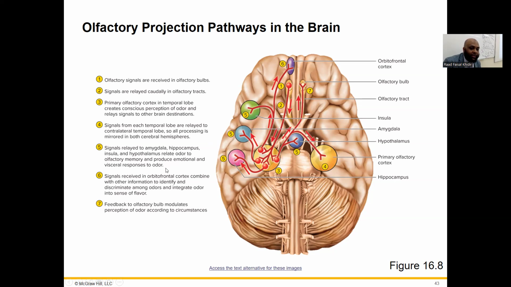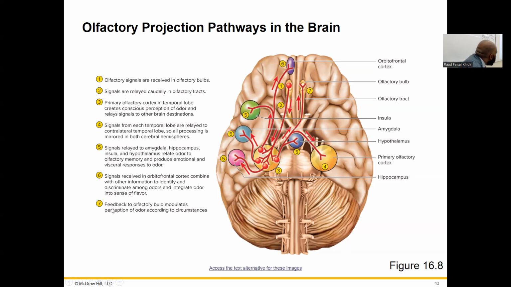And lastly, signals received in the cortex are combined with other information to identify and tell the difference with relation to what kind of odor we have detected. Then feedback to the olfactory bulb modulates the perception of the odor according to circumstances.